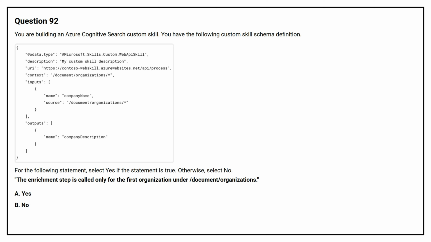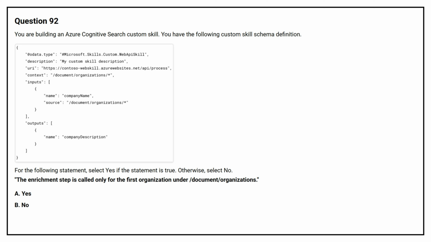Question number 92. You are building an Azure Cognitive Search custom skill. You have the following custom skill schema definition. For the following statement, select yes if the statement is true.